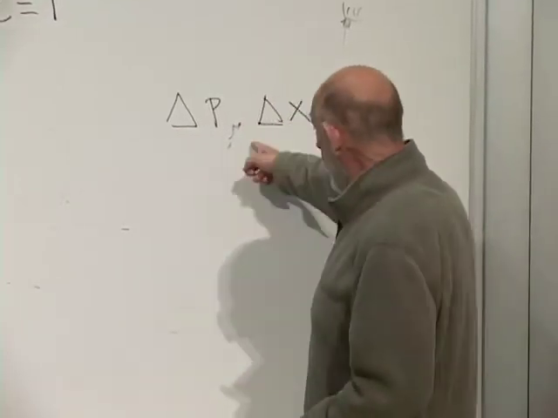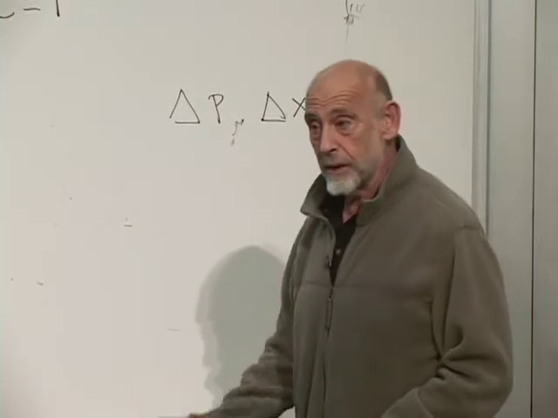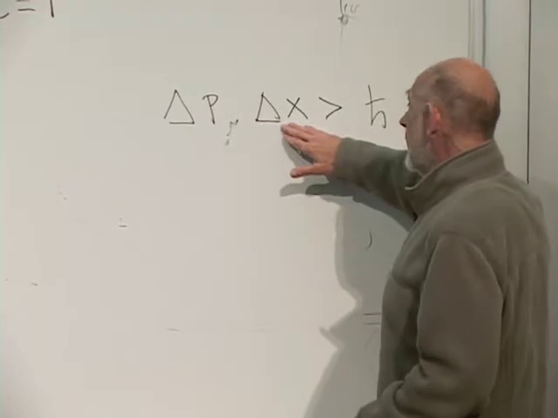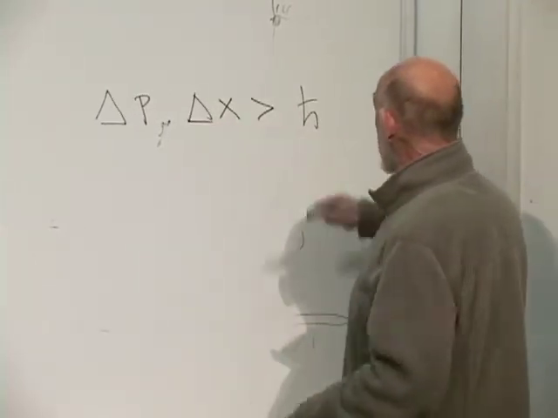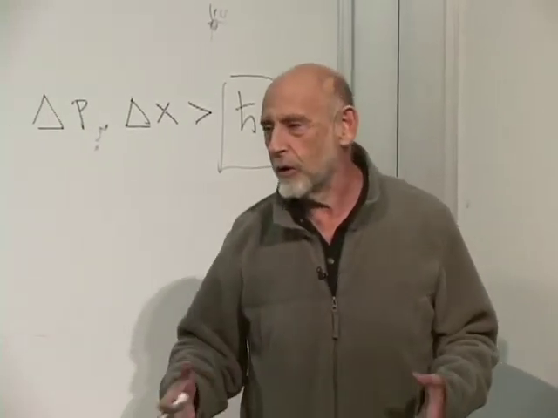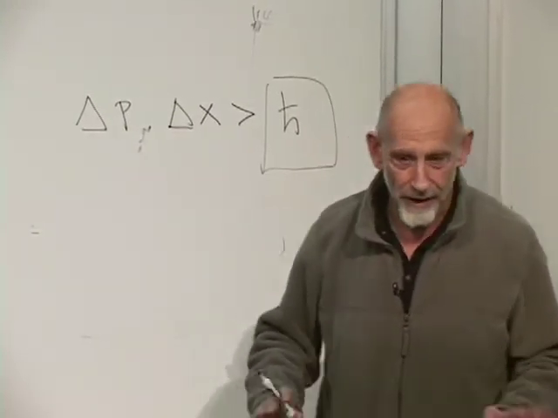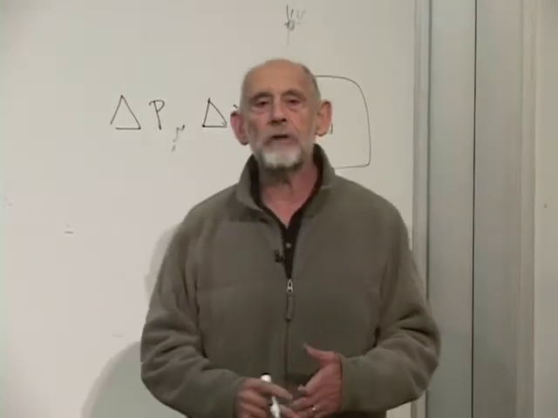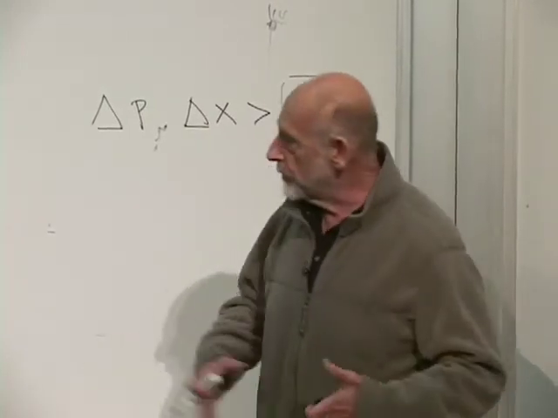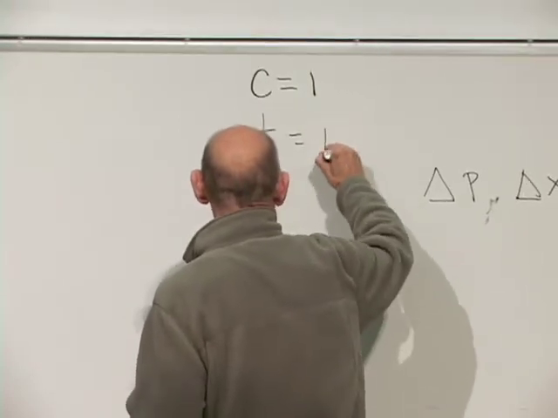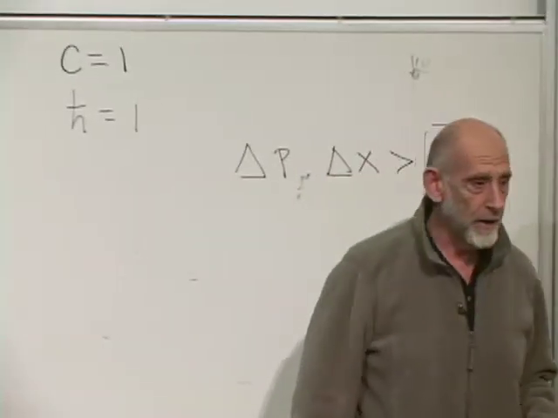You could be talking about an electron, a proton, or a bowling ball. They are all constrained by the same uncertainty principle. And it doesn't much matter whether you use h bar or h, the one without the 2 pi in it. That's not the point here. The point is that Planck's constant applies to everything in the world. It's universal. So the next thing we will do is to set h bar equal to 1.